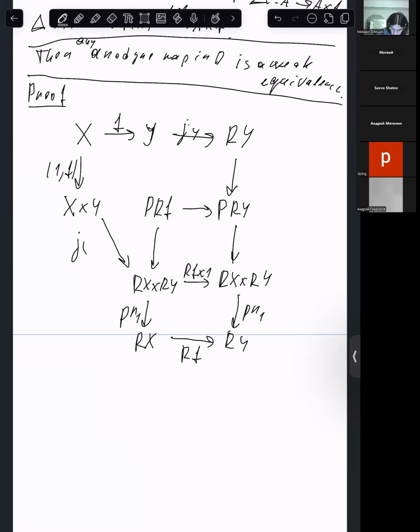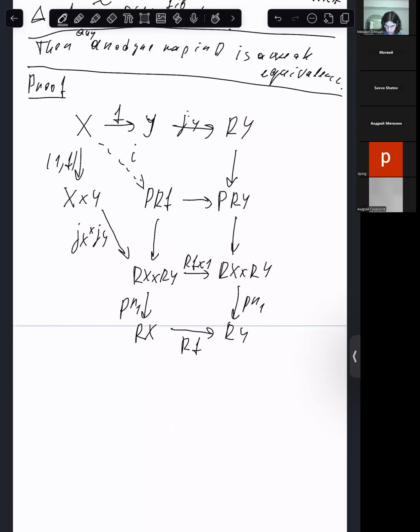So what's going on here? Here we have two squares that are pullbacks.